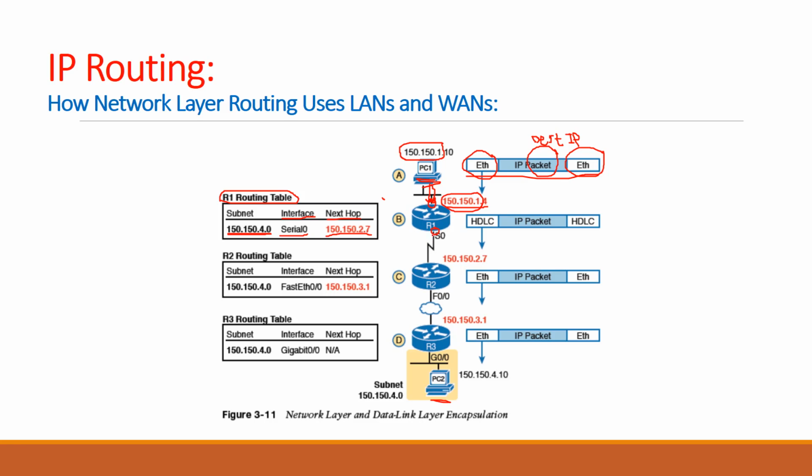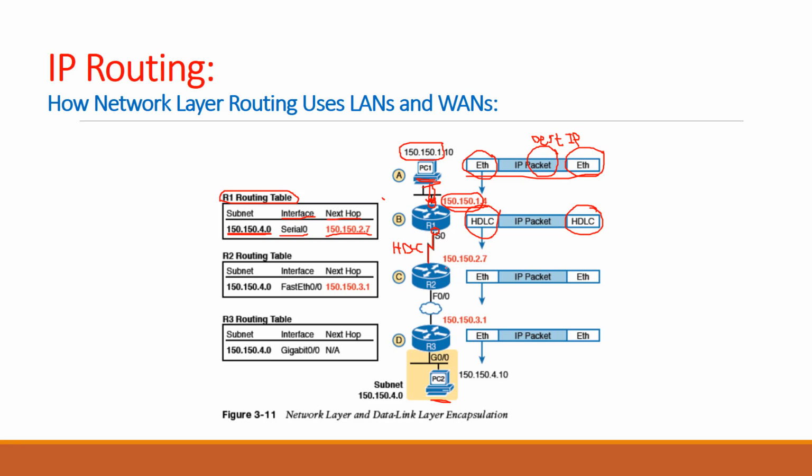Let's assume we are using leased line and layer 2 protocol HDLC. So R1 has to re-encapsulate a new HDLC header and trailer before sending the frame out of serial 0.